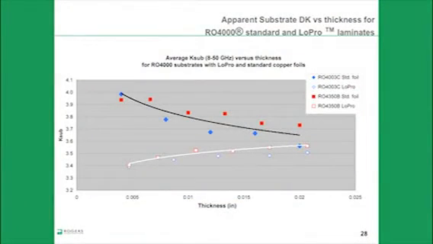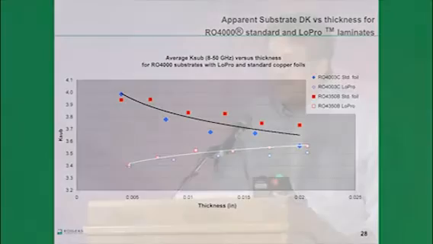So what I have plotted here is the back calculated dielectric constant of the substrate, based on having measured the K effective of the microstrip line as derived from phase length. The solid symbols are for the RO4003 and 4350 with the standard high profile foil.